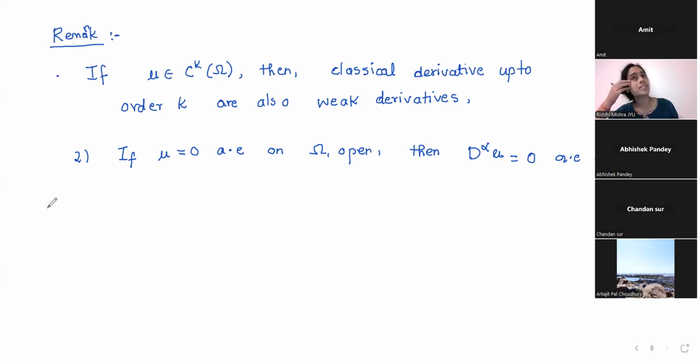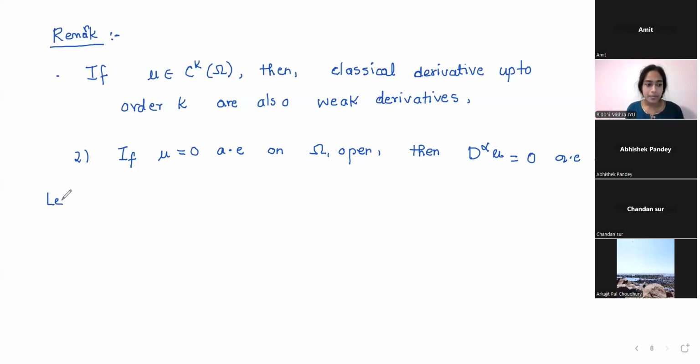I haven't seen any directional derivative here. If we have a classical derivative, then we talk about the directional derivative, but I haven't seen any such notion here. Okay, maybe we can see.